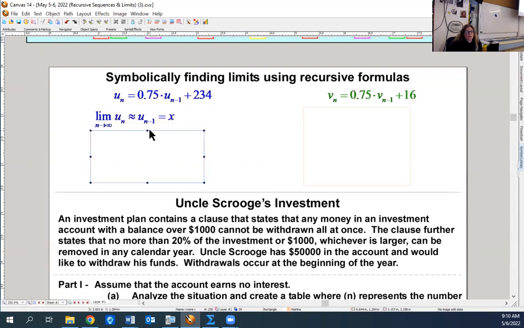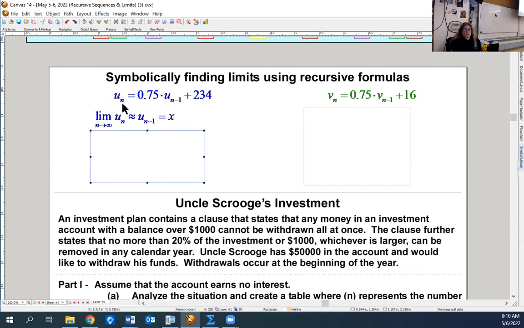As n gets very, very, very big towards infinity, we're going to say u sub n and u sub n minus 1, we're just going to call them even. And let's just call that some letter x. We can call it anything we want, smiley face, A, B, C, whatever.